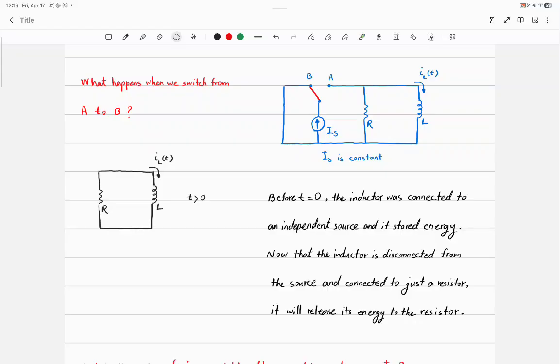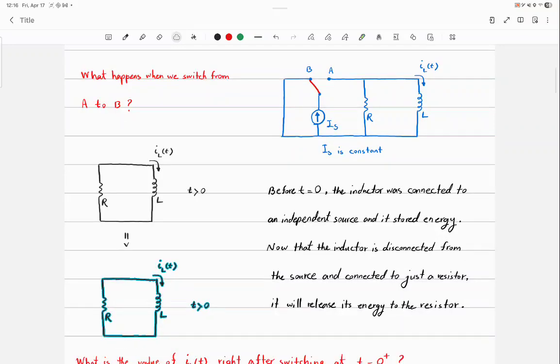Now, if you are okay with this, I'm going to draw another circuit, but this time not generally for any positive t, but only for t equals 0 positive, or 0 plus, which is right after switching.